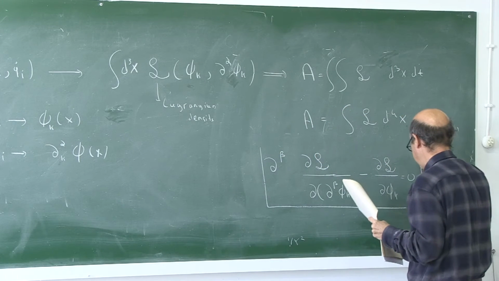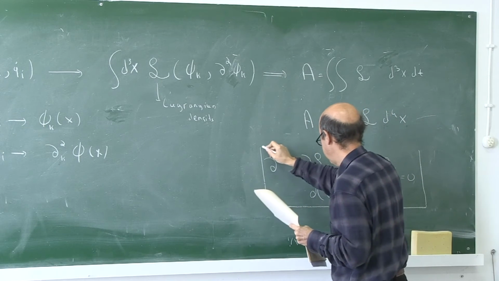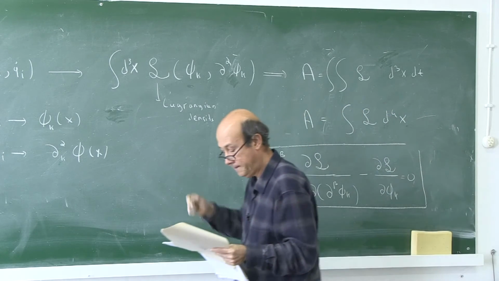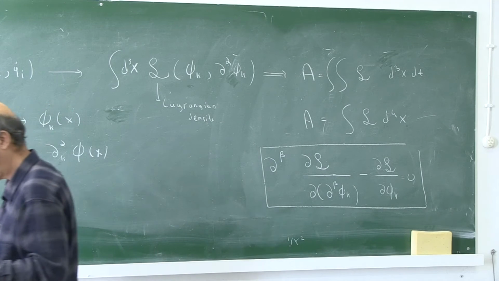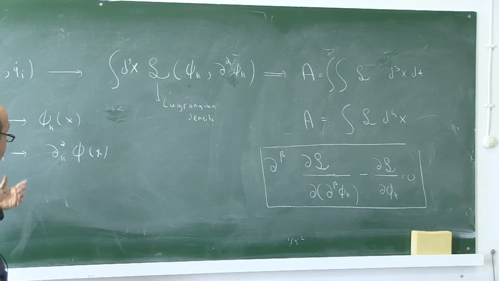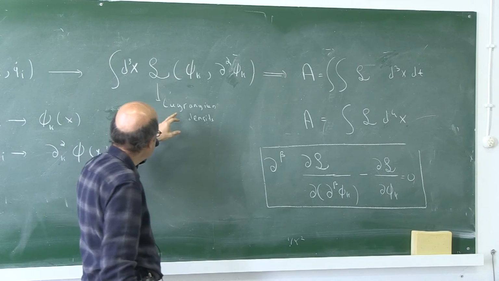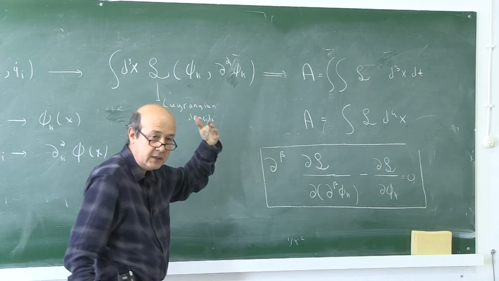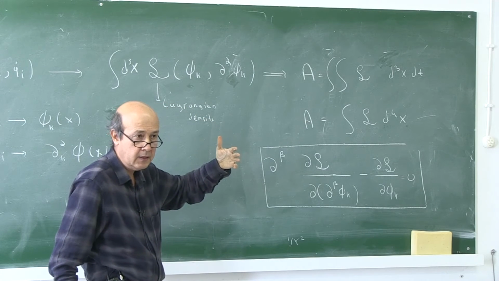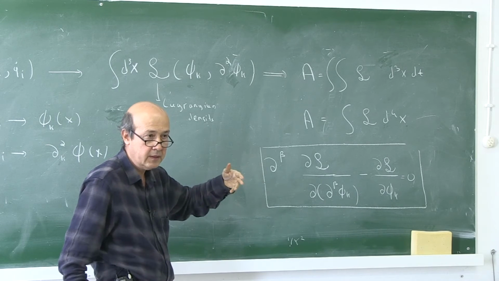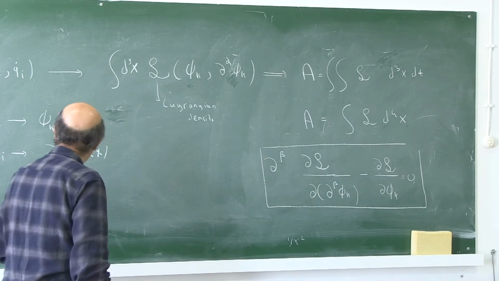If you have fields, the Lagrangian density could be expressed in terms of the fields and the derivatives. Fields are like coordinates, and derivatives act as what? Velocities.